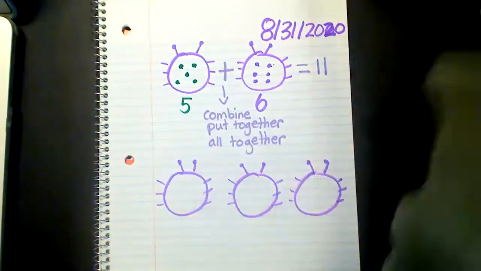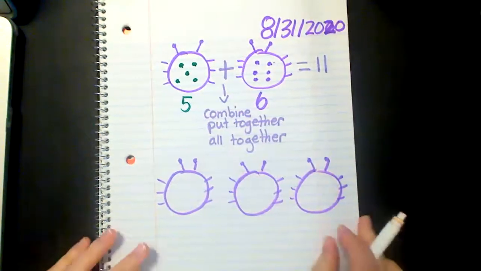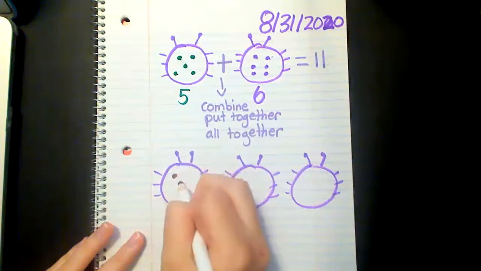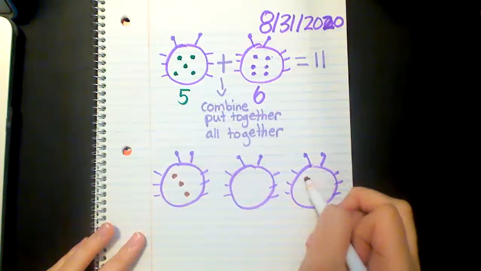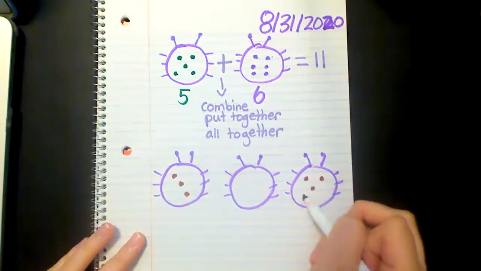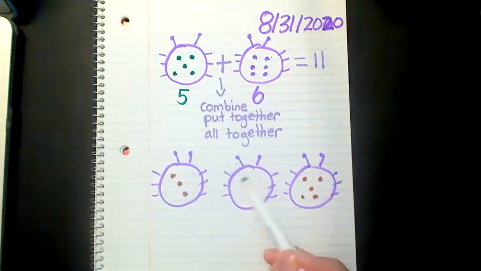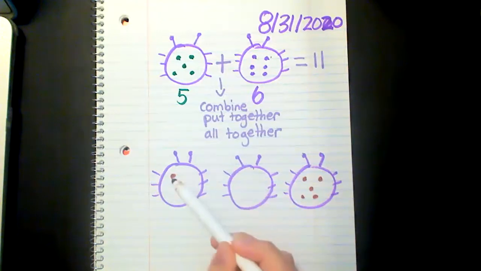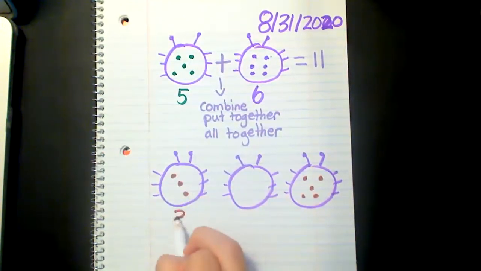Okay, now for this one, you're going to tell me the pattern. There's a pattern with these bugs. So let's keep this one blank, and then let's put some dots in this one. Okay, so we're missing dots in this bug, but if we're counting, that means that there is a certain number that would go in the middle. So let's look here. 1, 2, 3. So there's 3 dots, so that is the number 3.